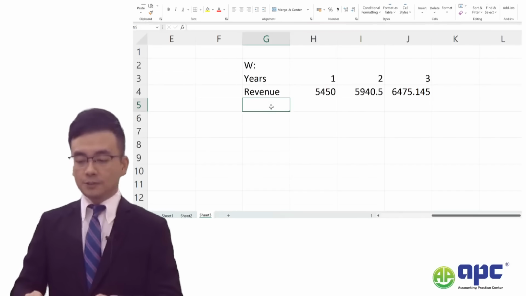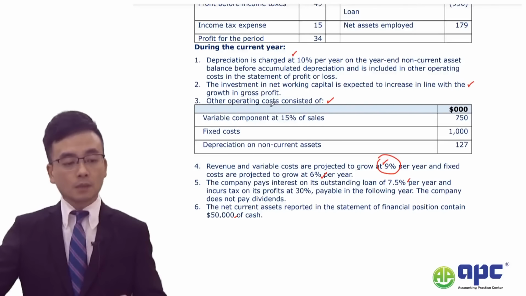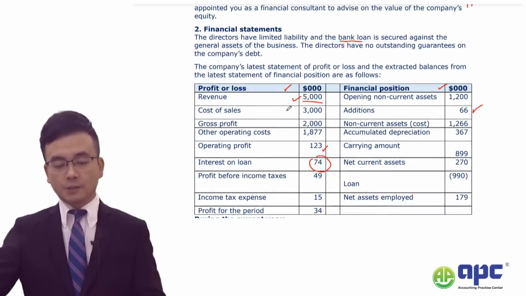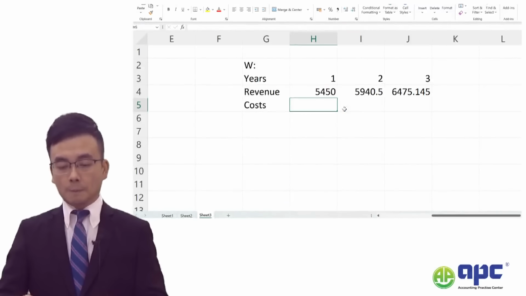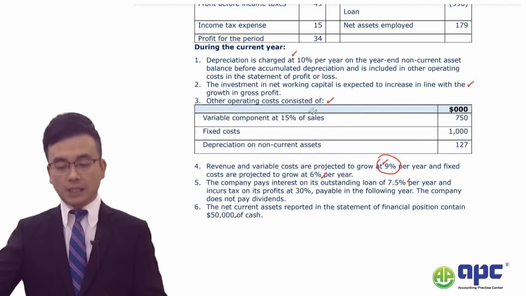Okay, so not just for that, but also the costs in there. So for example, the current cost of sales was 3,000. So equals to minus 3,000, and times by 1.09, as the cost will also increase by 9% for the variable costs in there.